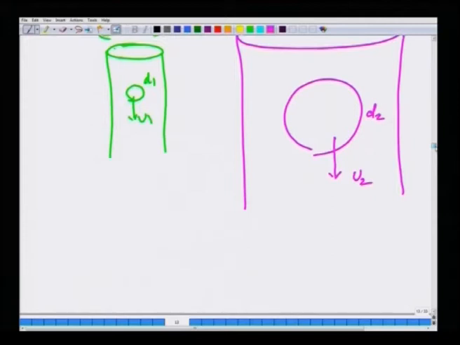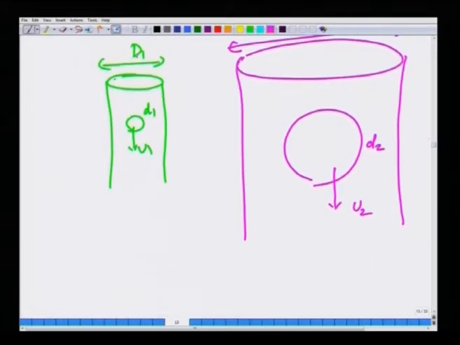Now, can we just say that at the same Reynolds number, the drag forces will be the same and the velocities will be the same at the same non-dimensional positions? The answer is not so simple, because there is another length scale present in the problem, that is the diameter of the pipe in which the sphere is moving.